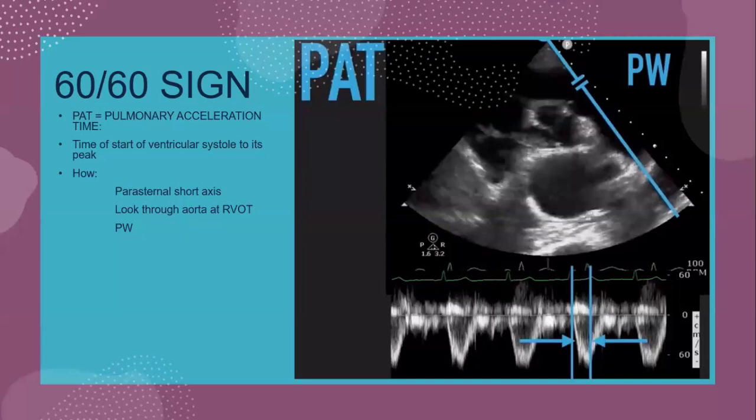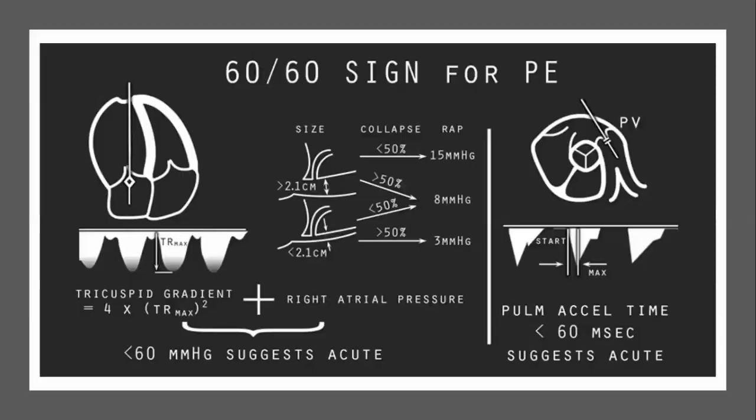If it's less than 60, again, it's a positive finding. And this is just a summation of your 60-60 sign. If both are present, it has a 94% specificity for pulmonary embolism. So it's actually a really good test if you have time to do it. Like I said, on Core Ultrasound, there's a nice video on how to do this exactly.